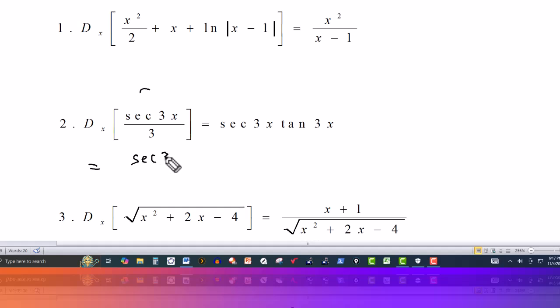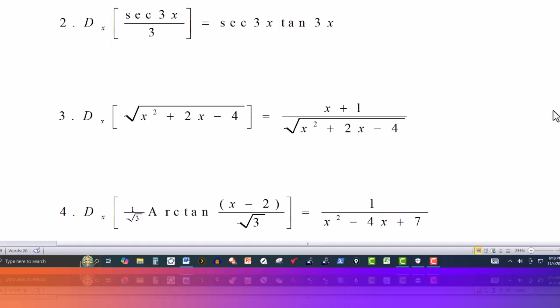So it's secant of 3x, tangent of 3x. Then we got it over 3. And then because of the chain rule, we take the derivative of 3x and we get 3. So we get this value there. So this 3 and this 3 cancel, and we get the result: 3x, secant of 3x, tangent of 3x. So that one checks out.